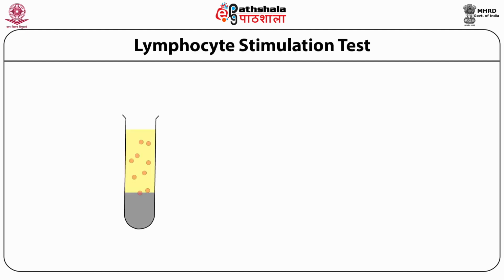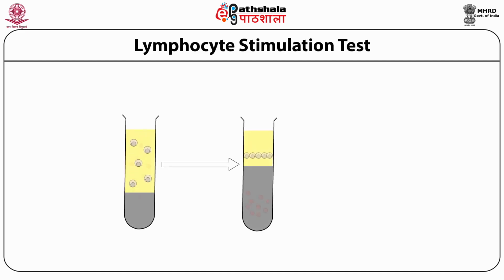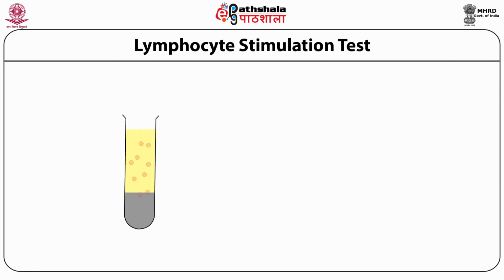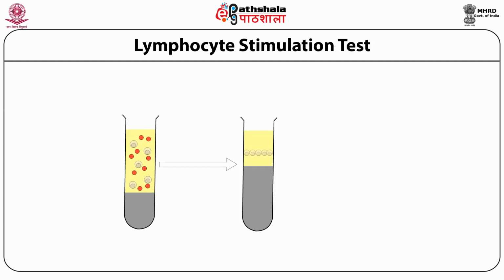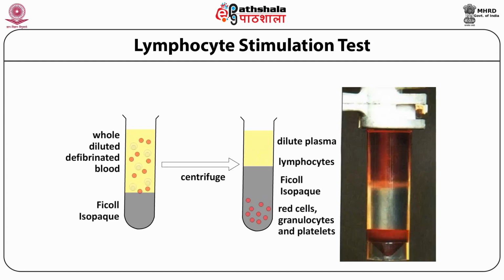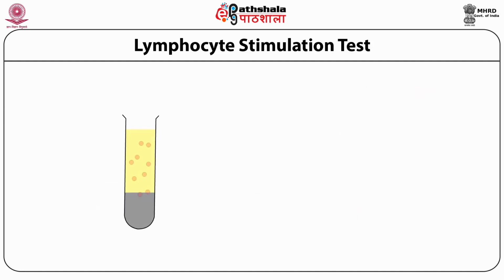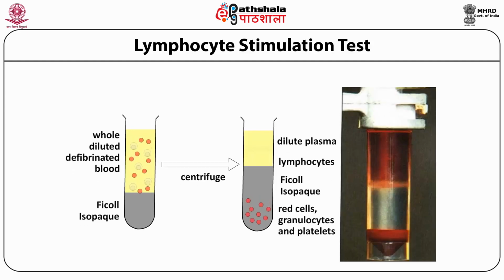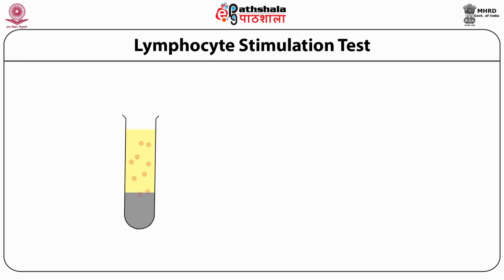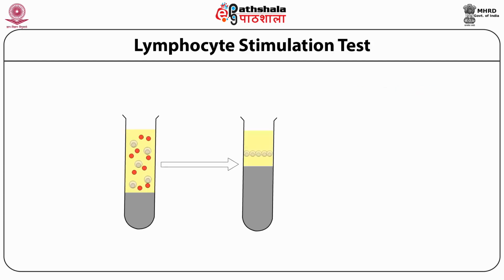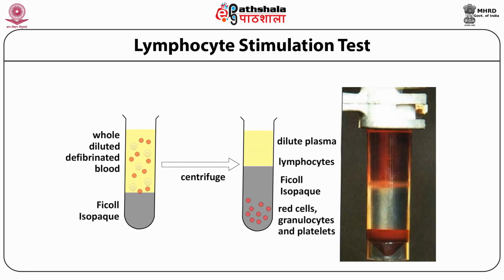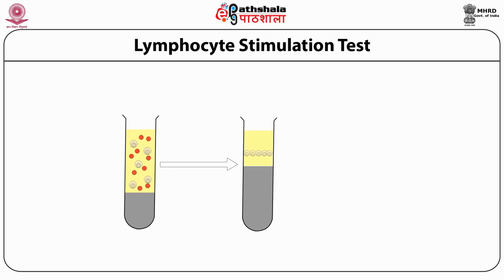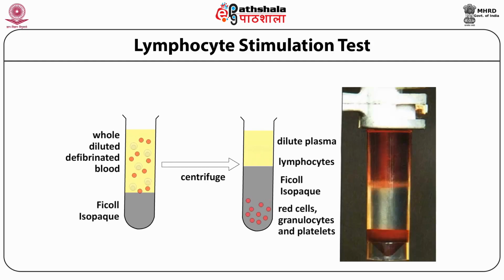T lymphocytes can be detected by stimulation with the presence of antigen. In the lymphocyte stimulation test, lymphocyte separation occurs on Ficoll-Isopaque. The defibrinated blood is diluted and mixed with tissue culture medium and is added to Ficoll. After centrifugation, RBCs and the PMNs form a pellet.